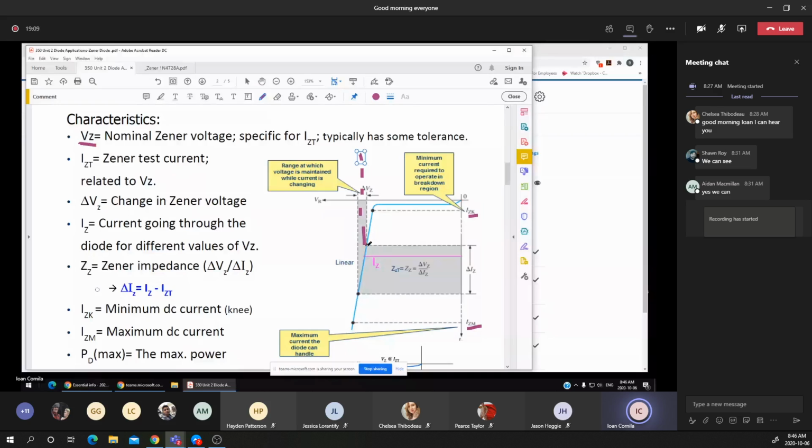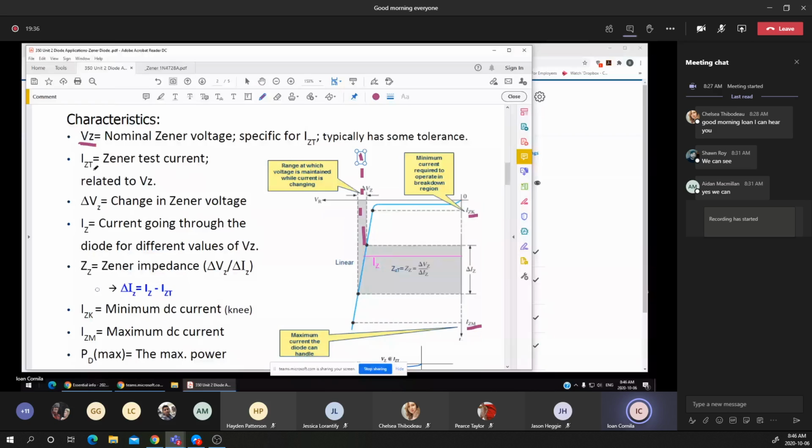If the Vz is in terms of tens of volts, you may see probably 100 millivolts as the current is changed. We'll make the assumption in our calculation that Vz is constant, or it's given in the data or in the specs in solving the problems.